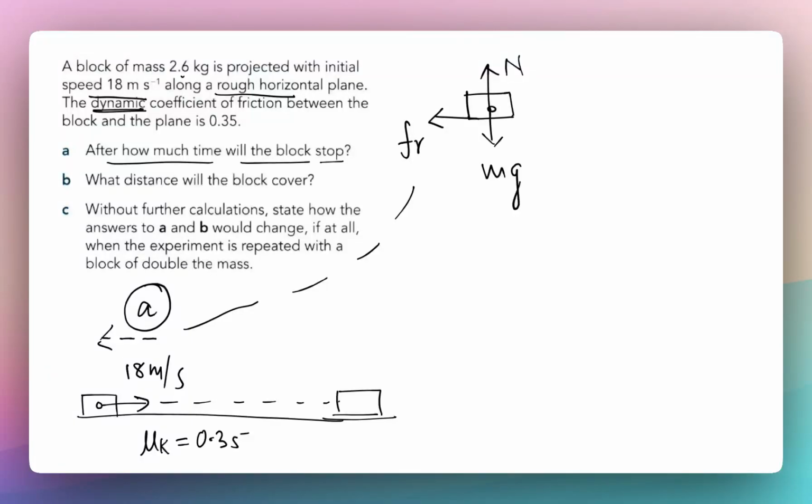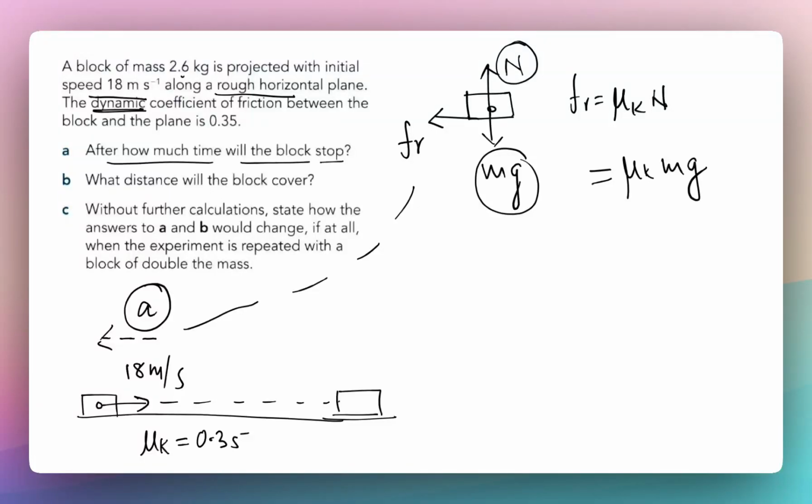And this friction force will provide that negative acceleration we were talking about to make the block stop. So first thing we want to calculate is how much is that deceleration or negative acceleration. Now, how much is the friction force? The friction force is going to be mu k into N, and N is going to be equal to mg in the vertical direction, so mu k into mg. This is our friction force. Now, with this friction force, how much deceleration will we get?